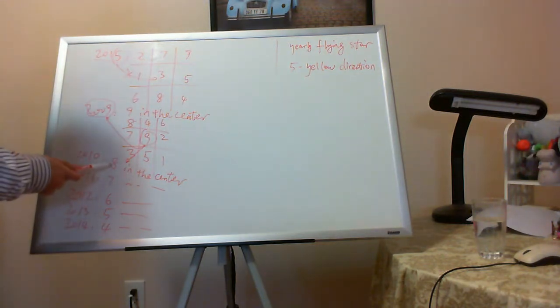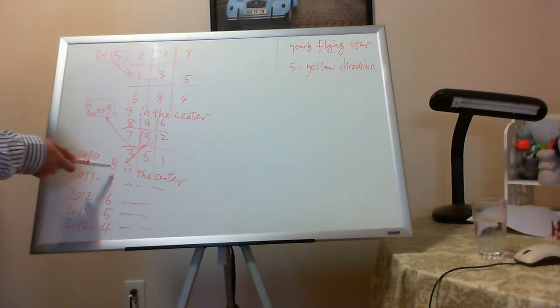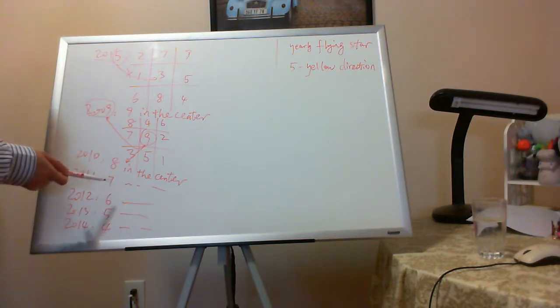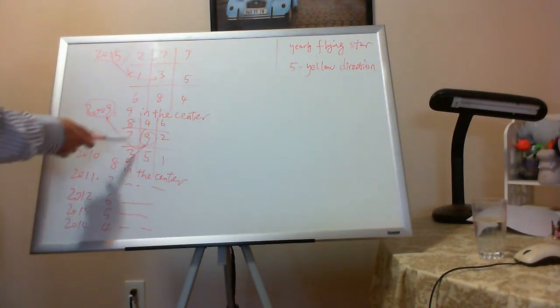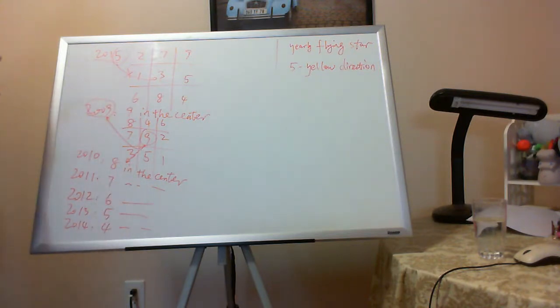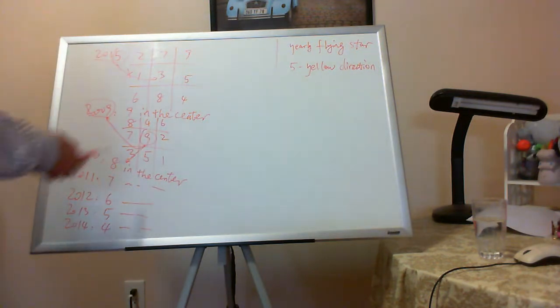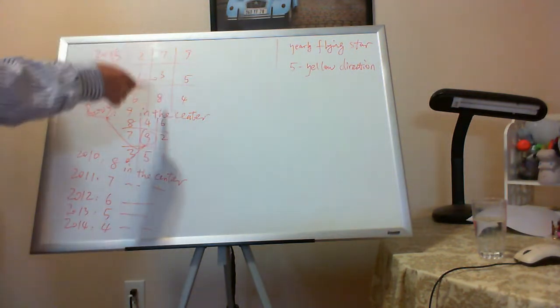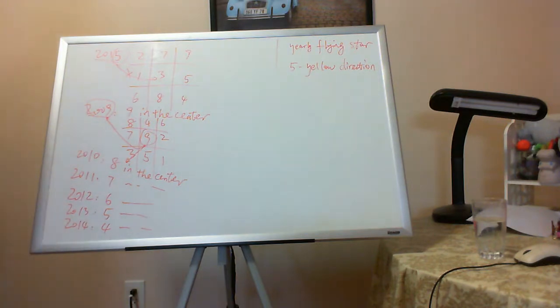You see, for each year, you just subtract 1 from the star in the center of the previous year. Then you can draw the flying star map without looking up the reference table. That's how you get the flying star map.